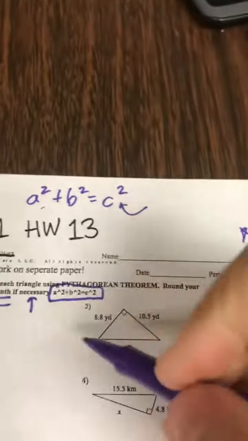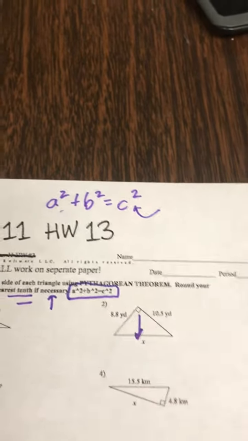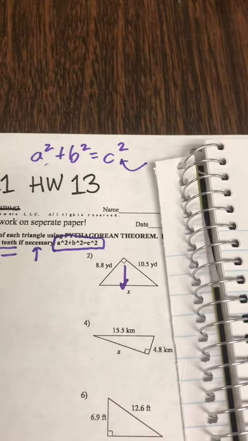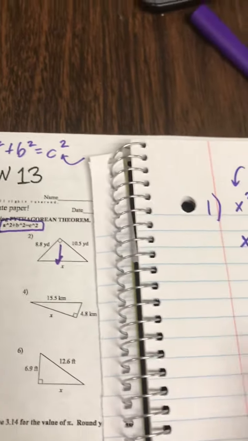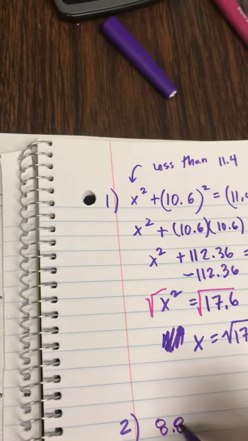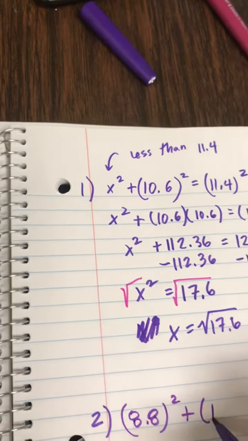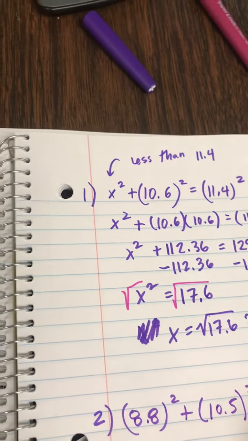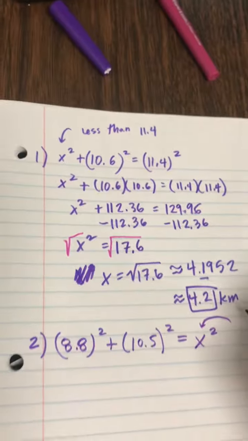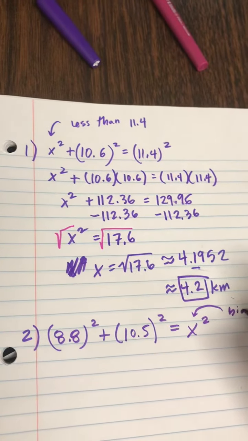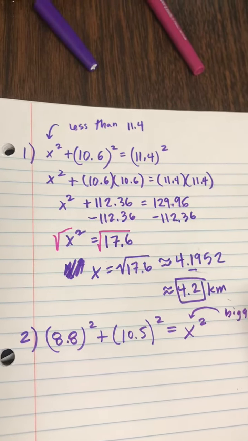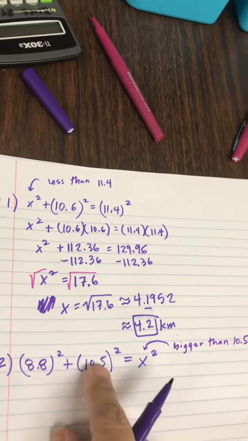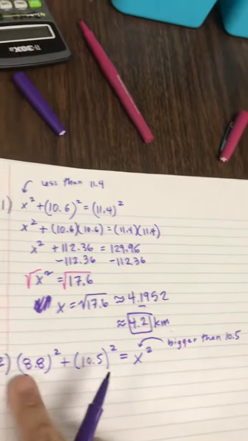All right, next one. Now I'm solving for the hypotenuse. So I'm expecting a number that's bigger than 8.8 and 10.5. So in any order, 8.8 squared plus 10.5 squared has to equal x squared. And my expectation is that this is bigger than 10.5. So if it's bigger than 10.5, it's going to be bigger than 8.8.